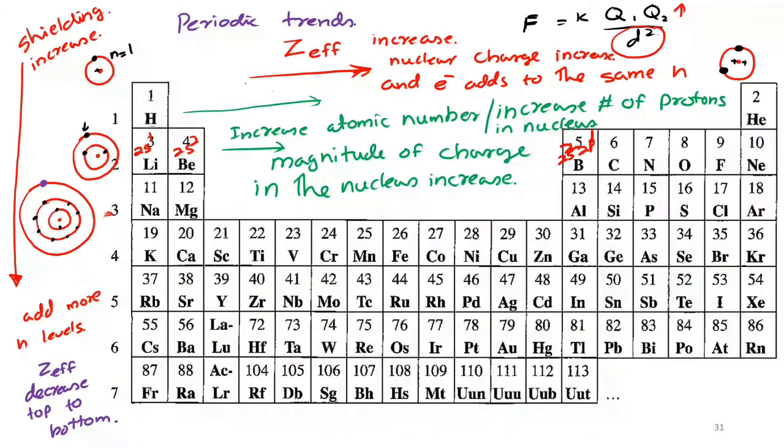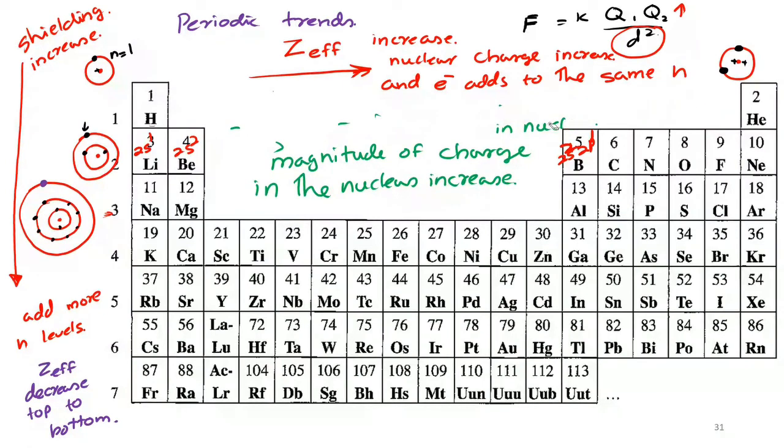But what will happen in the trend from left to right? From left to right, we mentioned that your Zeff is increasing. Your Zeff increases because your nuclear charge increases. You keep on adding more protons, but you keep on adding electrons to the same level. So do you think shielding is going to change across the period? Would you expect the shielding to change?